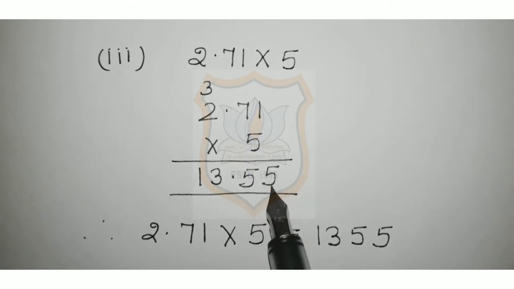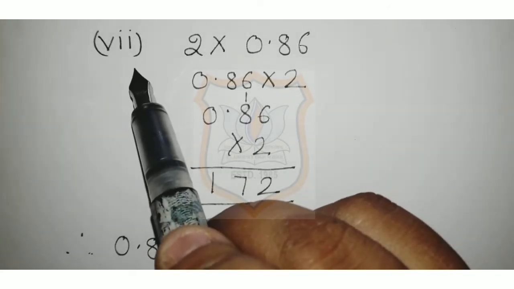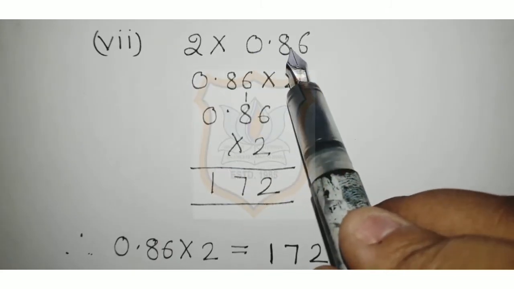So in answer it will come after 2 digits, that is after 5 and 5 over here. So we can say that 2.71 multiplied by 5 is equal to 13.55.